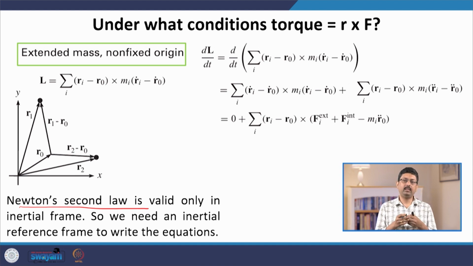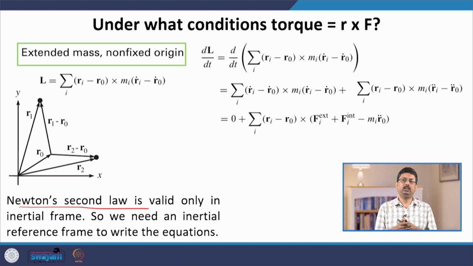This is a very interesting situation which we did not discuss earlier in our course, and this is the only place where we will briefly mention it. This is a non-inertial or accelerating frame of reference.